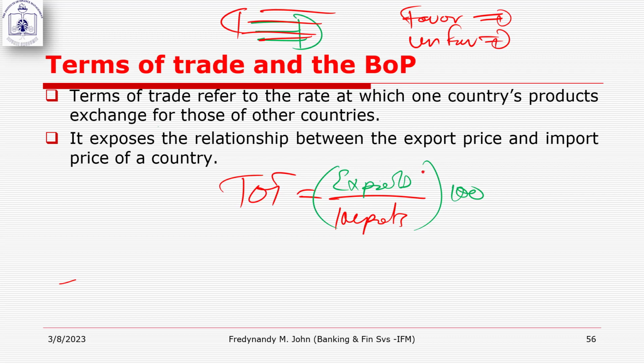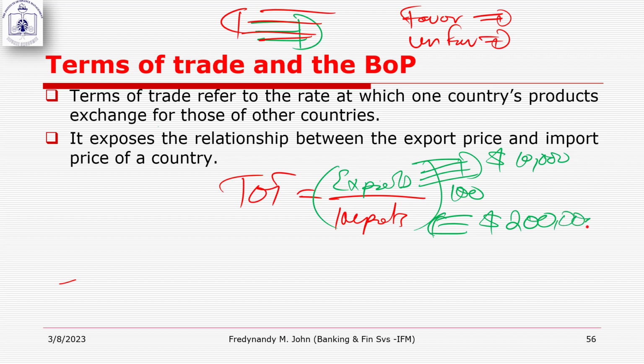If you export more, let's say 10,000 billion, that is exports for a specific financial year. And what about imports? Imports, let's say 200,000.